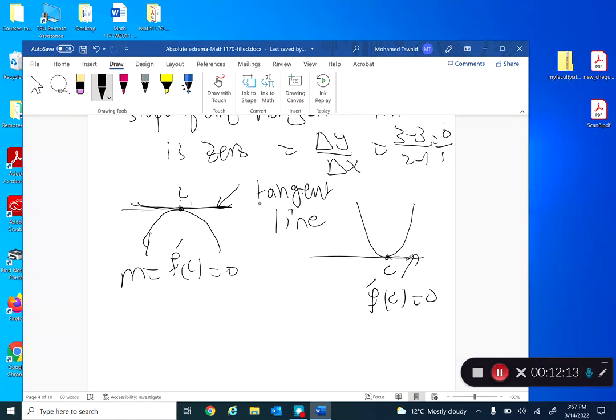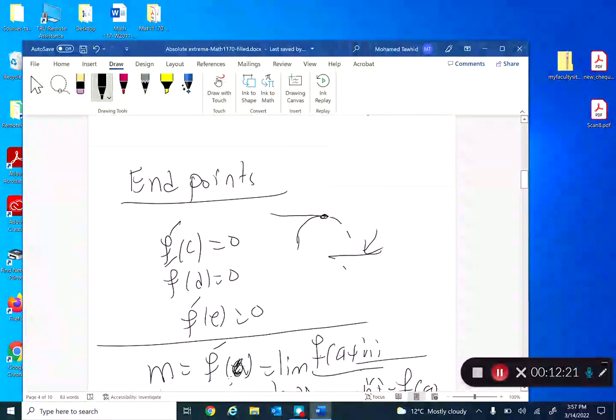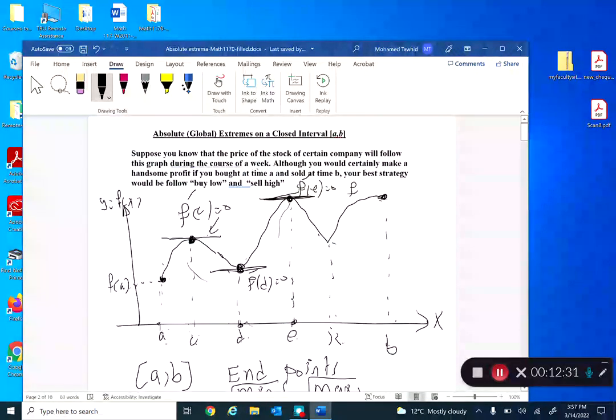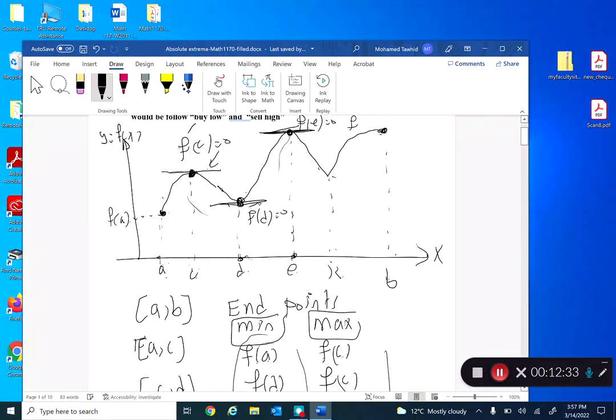It's a line, but horizontal means the slope of any horizontal line is 0, and then f prime of c equals 0. So that is the reason, if I go back to here, f prime of c is 0, f prime of d is 0, f prime of e equals 0. If I look at the graph, at this point, because you have a horizontal tangent, and the slope of any horizontal tangent is 0.